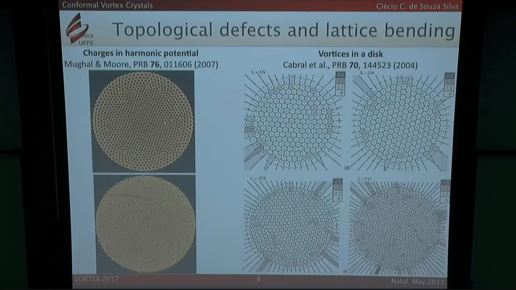You see that when you increase the number of vortices, you have topological defects migrating to the bulk of the sample. The same happens also with plasmas. These are simulations of Coulomb charges in a harmonic trap.